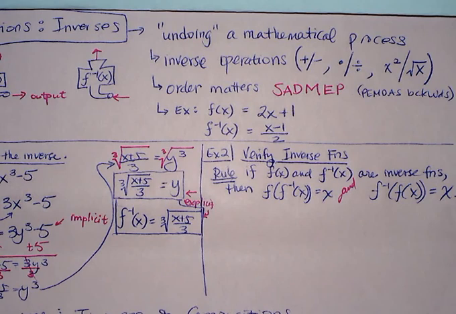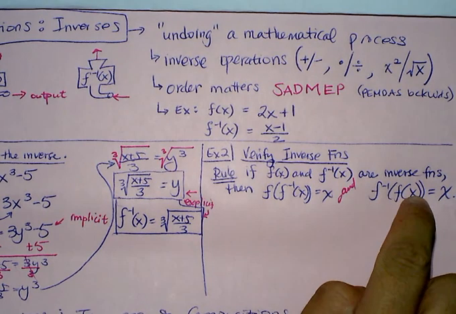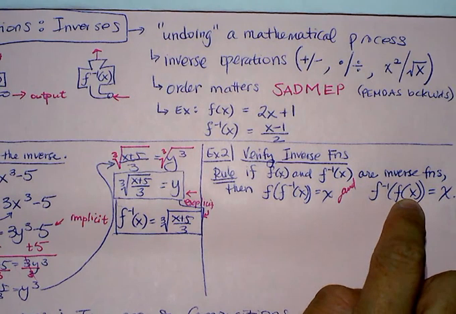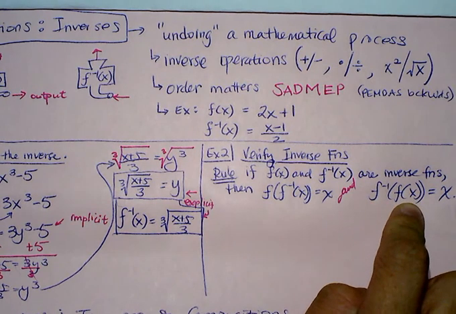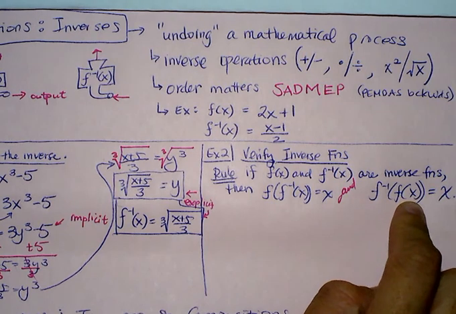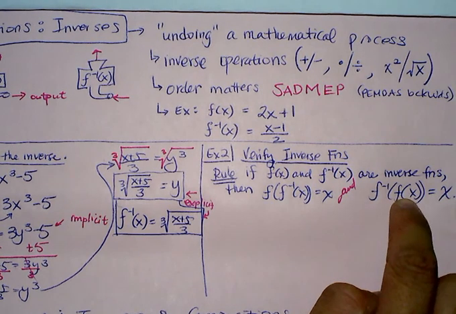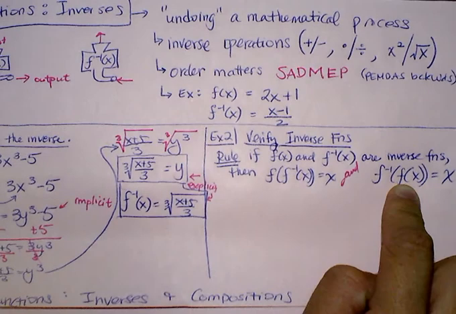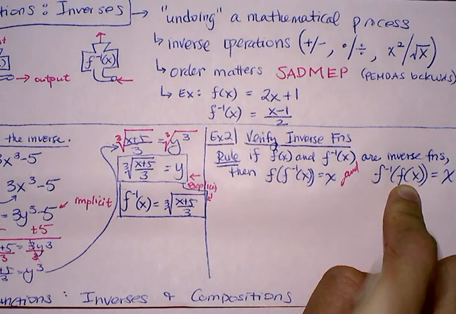So what's the baby here? The X. If I do F on it, that result becomes a baby of F inverse.